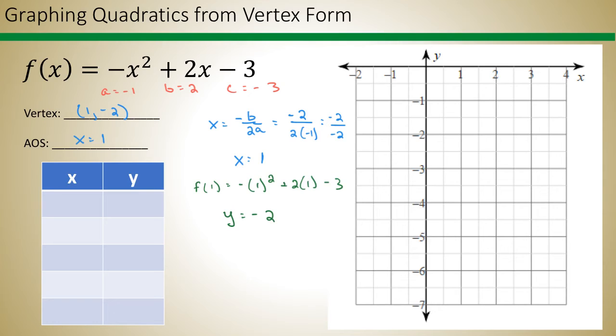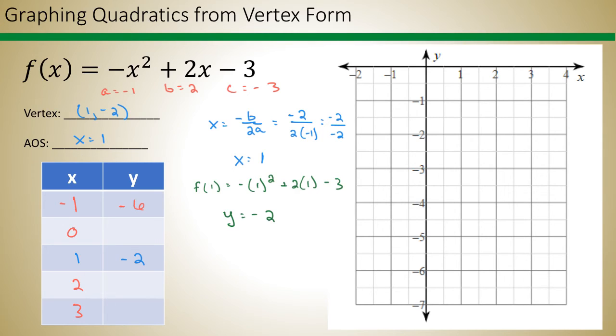So now on our table, we're going to put that in the middle, (1, -2), and we're going to pick x values on each side of that. So 0 and -1, and then 2 and 3. These are my x values. When I sub -1 in, that is going to give me -6.